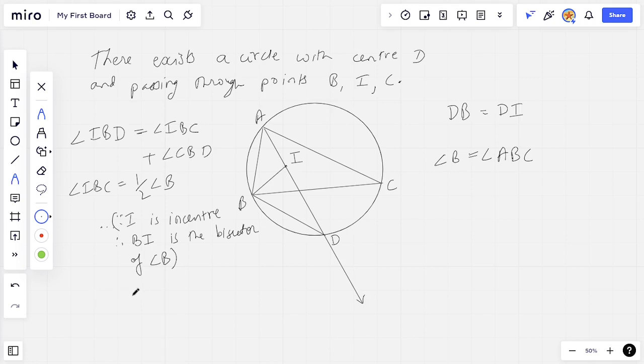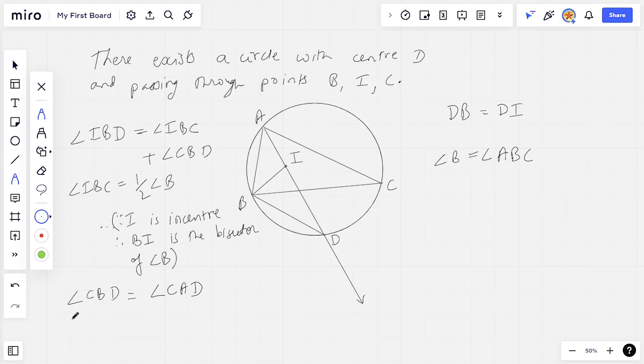Further, we notice that angle CBD is equal to angle CAD. Angles subtending the same arc are equal.